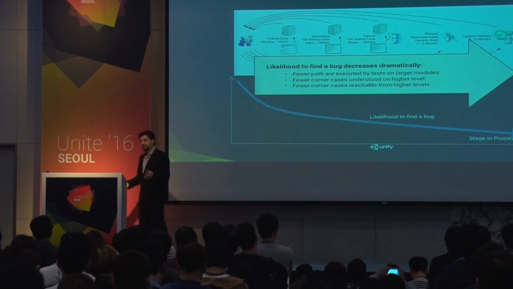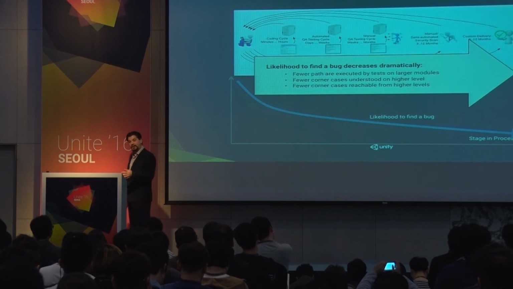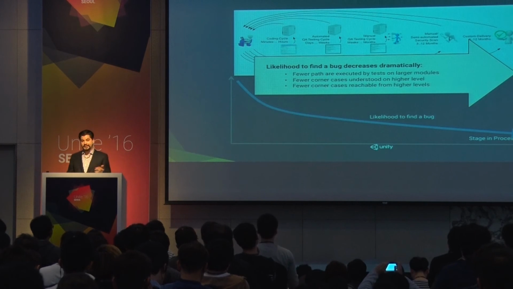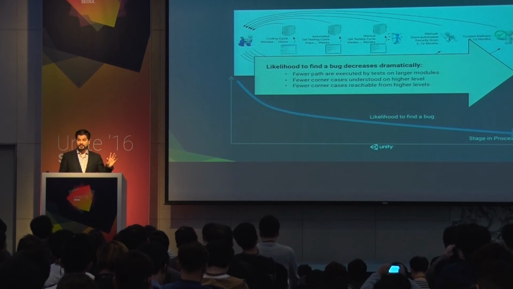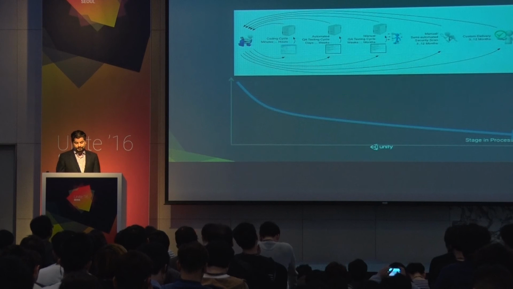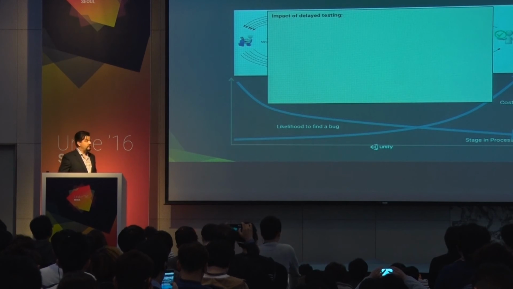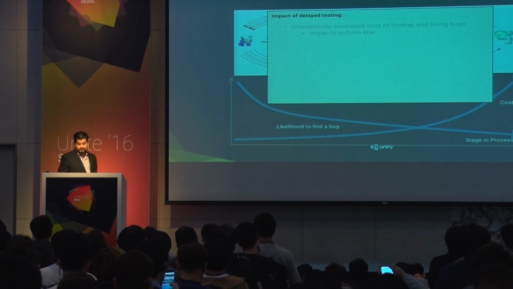Industry records show that if you wait 90 days or more, the developers pretty much lost the application context. They don't know what it looks like. They have to go back through the records. And how many people have actually seen and read development notes? Not very many. So the likelihood of finding a bug decreases. The cost of that bug increases exponentially.